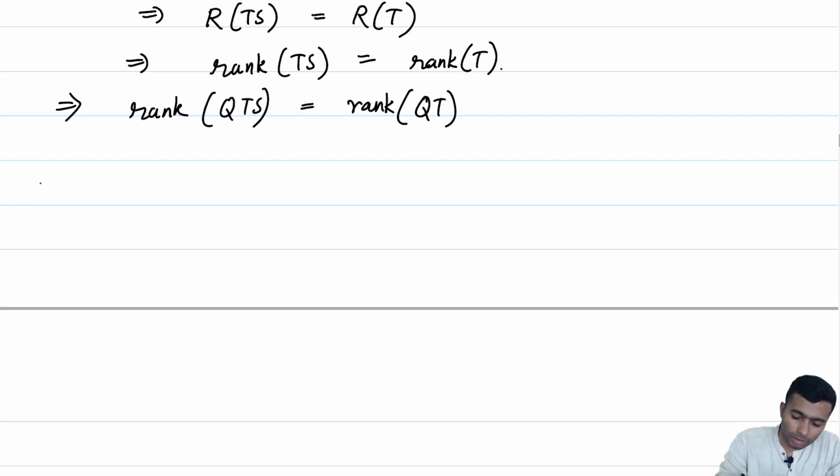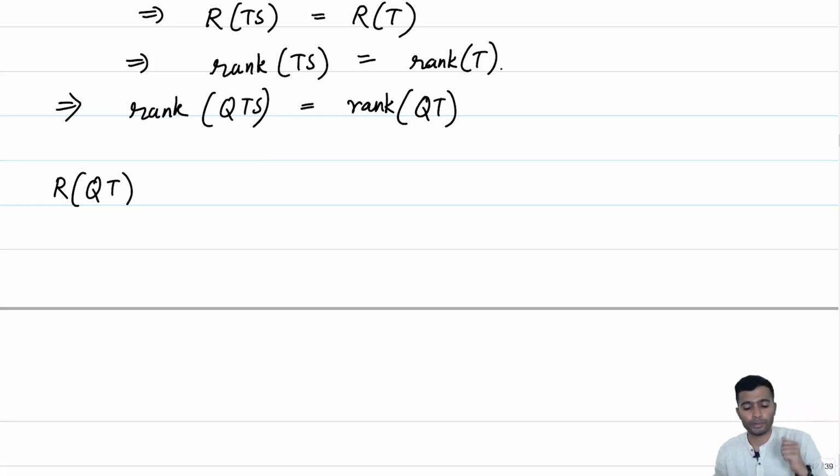So what is R of QT? Our next question is to address what R of QT is. Whatever be the range of QT, one thing to note is that Q is an invertible map.